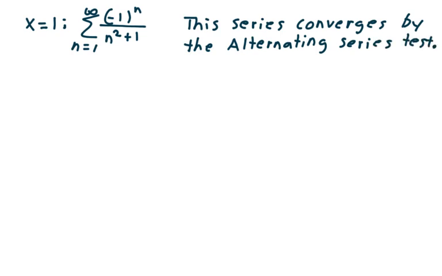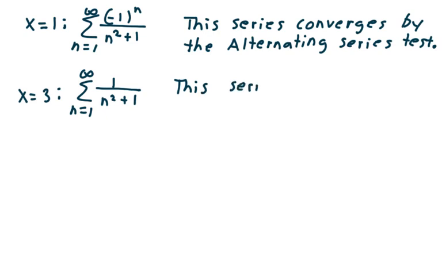So we need to state why the series converges or diverges. For x equals 3, we have the summation from n equals 1 to infinity of 1 over n squared plus 1. This series converges.